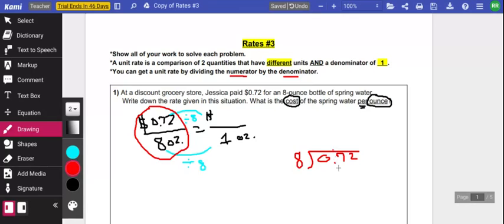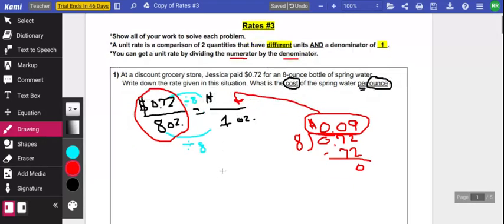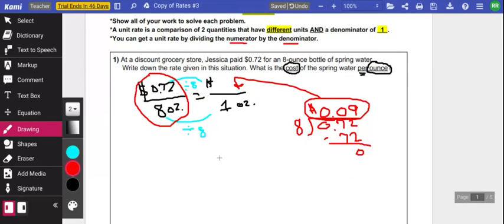My decimal comes straight up. 8 cannot go into 7, it goes in 0 times, but 8 goes into 72 9 times because 9 times 8 is 72. So once I subtract, I get 0. Okay, so this is 0.09 or 9 cents. All right, so it's 9 cents per ounce.